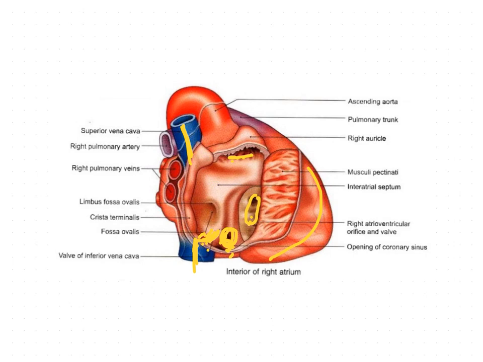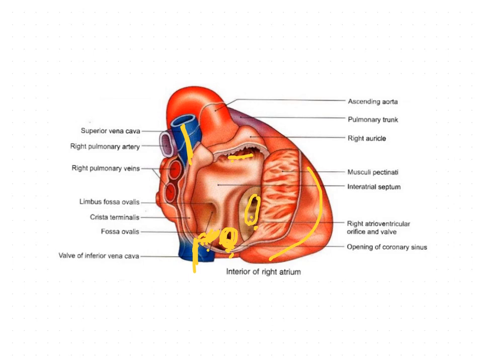This is the relation of the position of the coronary sinus with the inferior vena cava opening and the right atrioventricular opening.